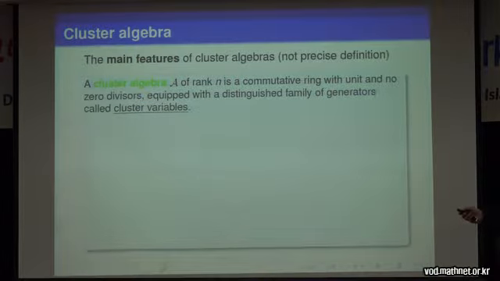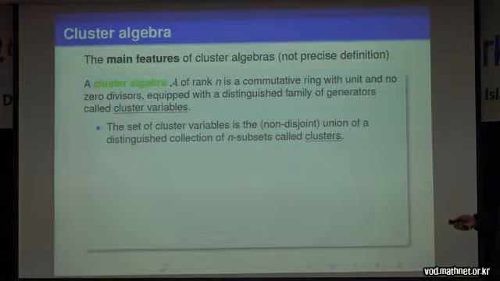A cluster algebra of rank n is a commutative ring with units and no zero divisors, which is generated by a family of generators called the cluster variables. Later I will show you some examples about that.